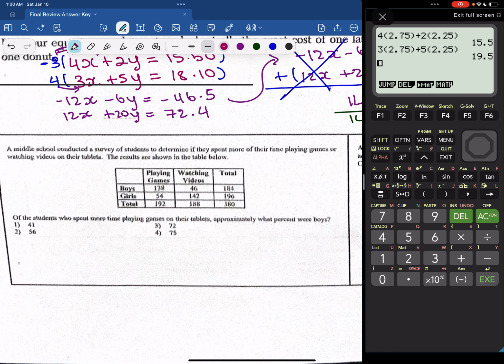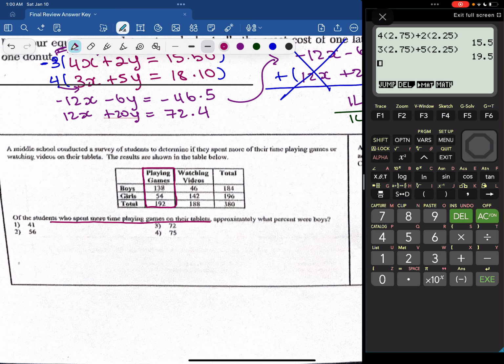So right away, they're telling us of the students who spend more time playing games on their tablets. So we're looking at this column right here. We're looking at the column of students who play games. And then next they're asking us, of those students, what percent were boys?